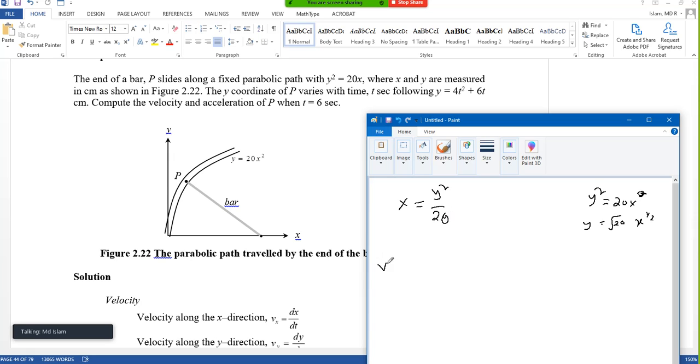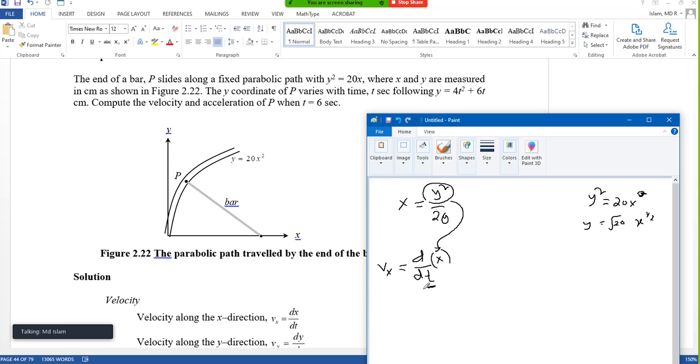Now, when you do the derivative of x, Vx is d by dt. Last time I made this mix-up. d by dt. Velocity is displacement over time. So I made that mistake. So I need to insert this. But if I insert it here, you can see the variable is y, but I'm doing the differentiation with respect to time. So I need to convert it.